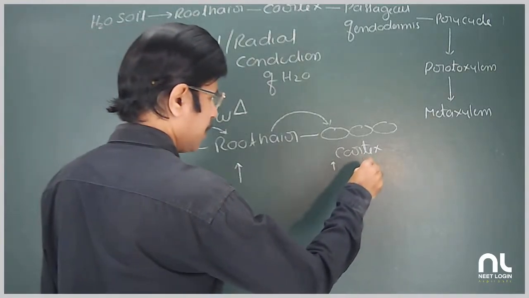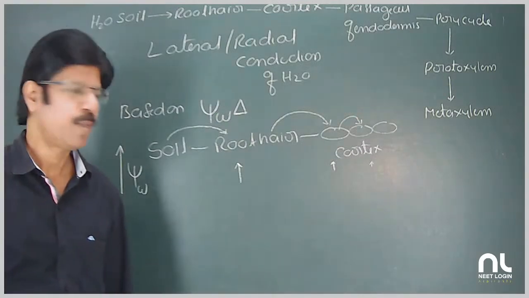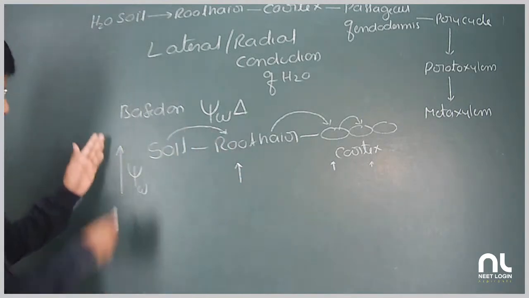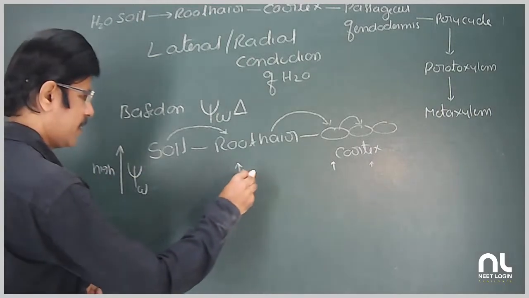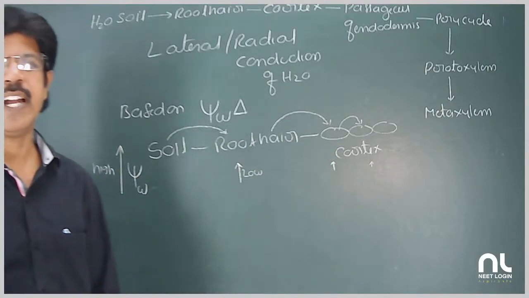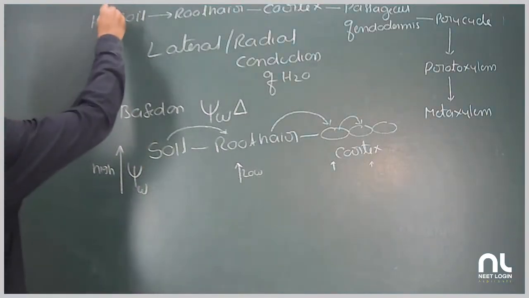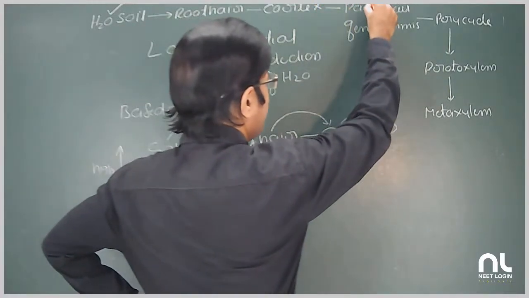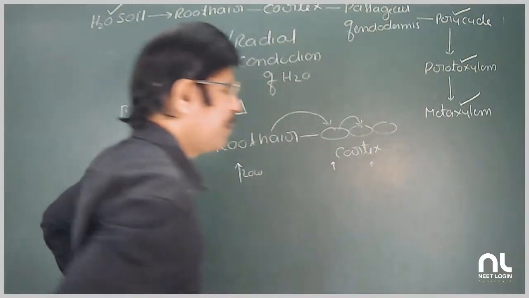Water enters like this, so water enters from higher water potential to lower water potential. Based on water potential gradient, what we call lateral conduction of water or radial conduction of water. Sequence: water from soil, root hair, cortex, then passage cell of endodermis, pericycle, protoxylem, then metaxylem.